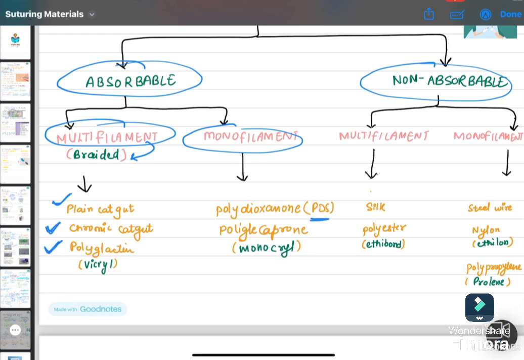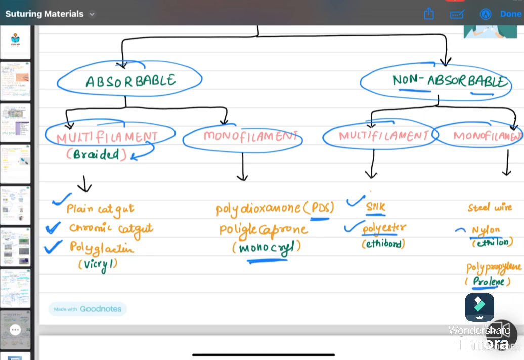Monofilament: PDS, Monocryl. Now non-absorbable, multifilament and monofilament. Silk belongs to multifilament, and polyester again. In monofilament, nylon and Prolene. These two examples are synthetic non-absorbable monofilament sutures.